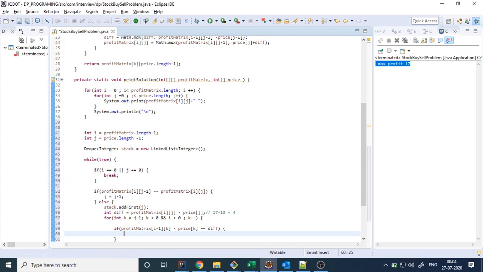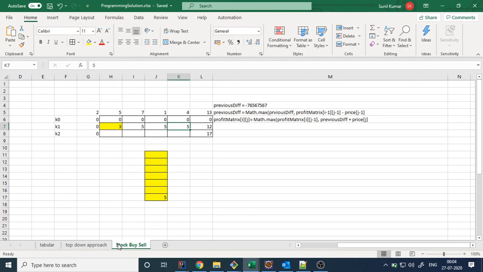If it is there, then what is the meaning? It means that something is going to persist at this point. That is the meaning.